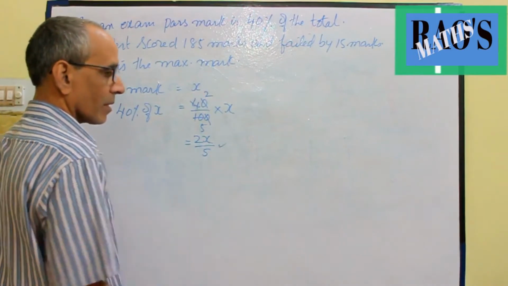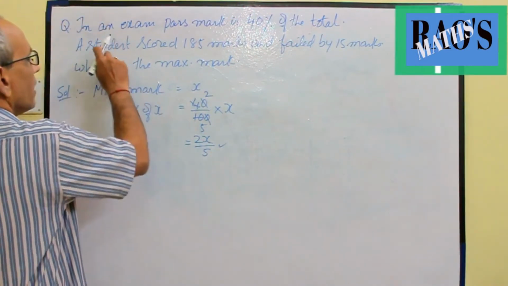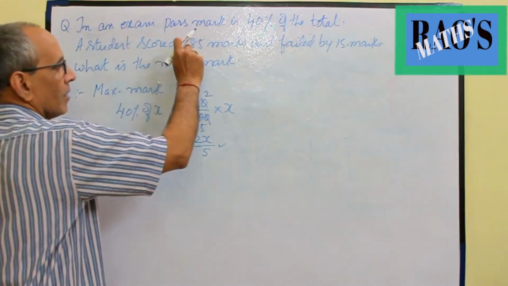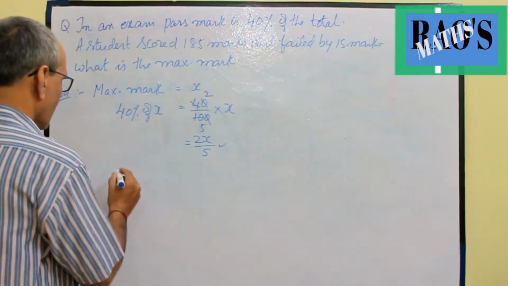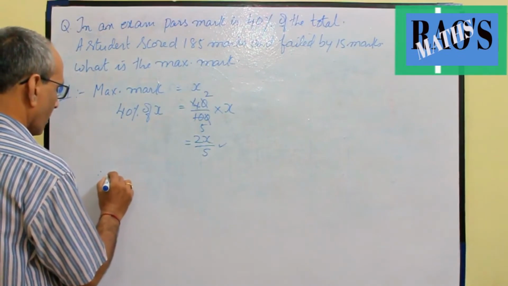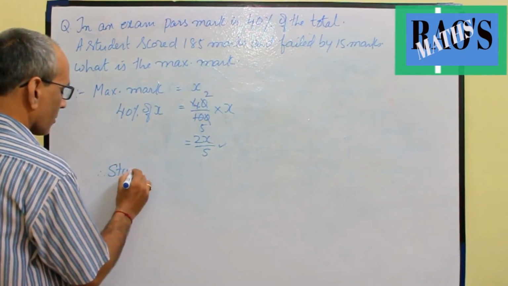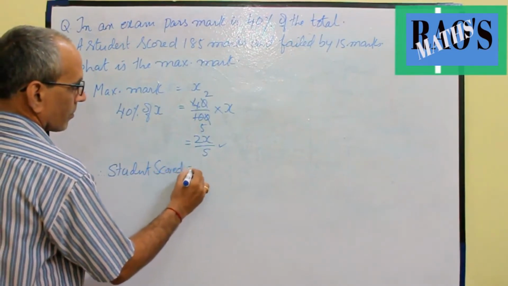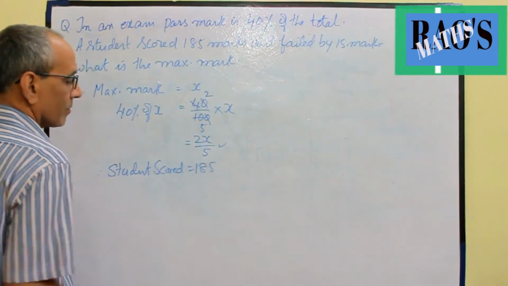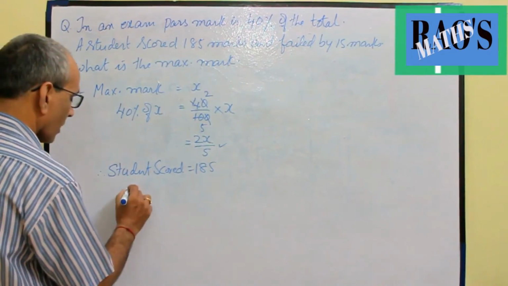Pass mark. But he got 185 and he is less than the pass mark by 15 marks. Therefore, the student scored 185.